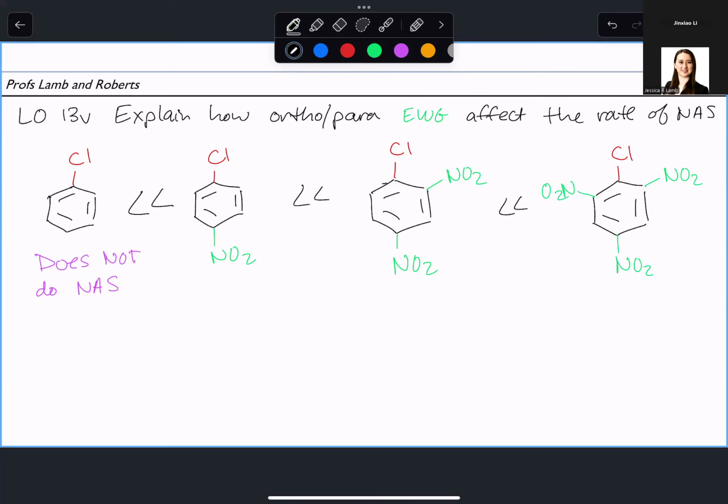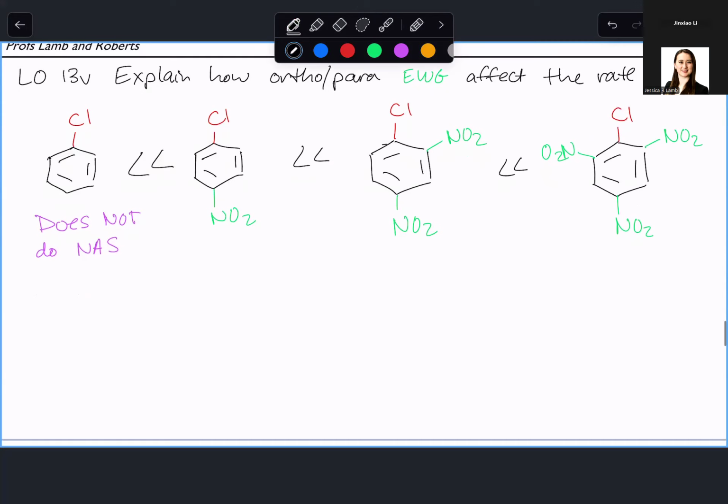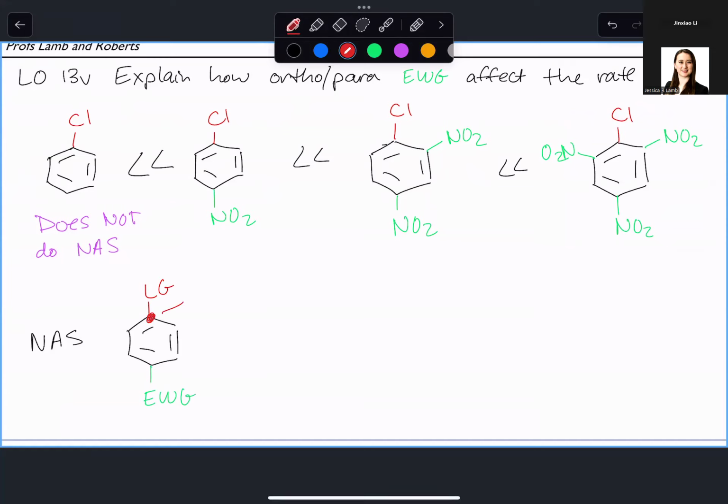So it's an additive effect because we're trying to stabilize a negative charge. And so anytime that you can stabilize it better, it's going to go a lot faster. So let's look at this again. Here we have our generic leaving group. We have our generic electron withdrawing group. So remember that this aryl ring contains the electrophile.